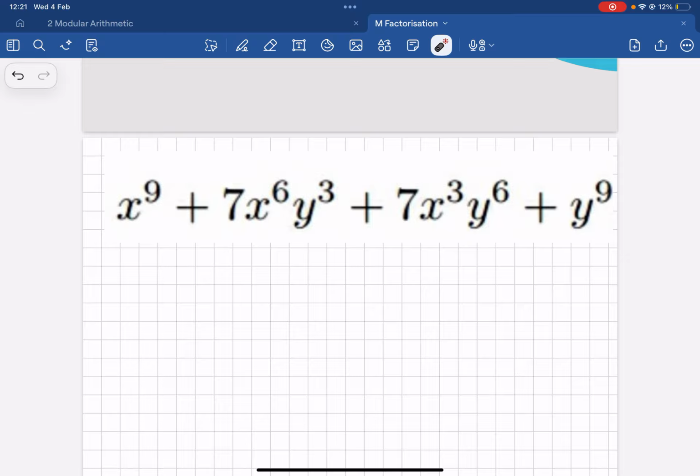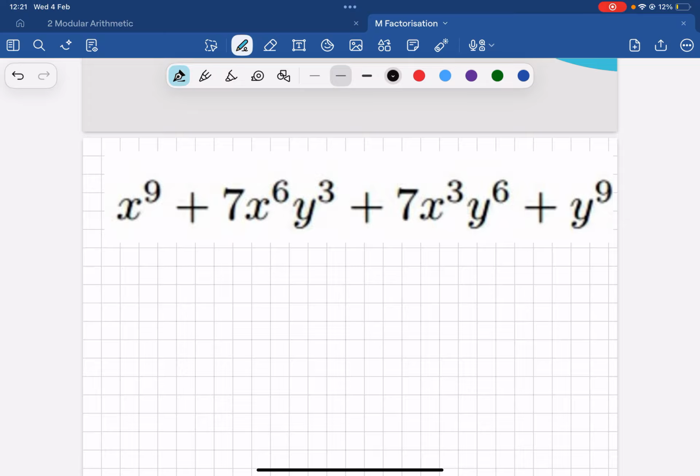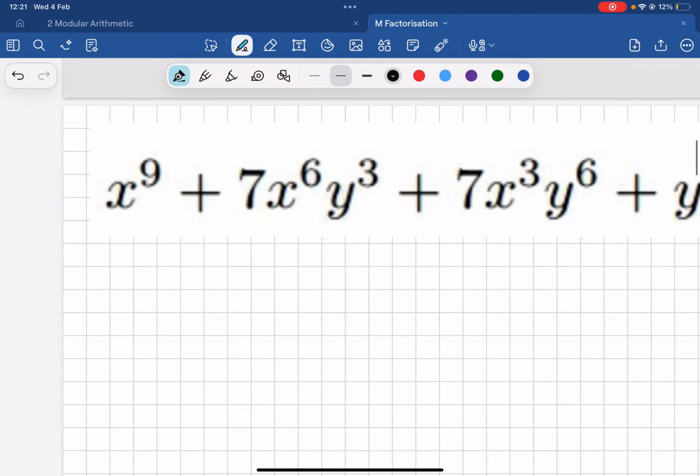And you notice that these two terms, x and y, they're symmetric. And this whole expression looks quite familiar to an identity we know.